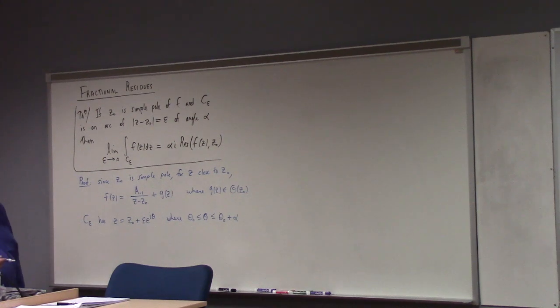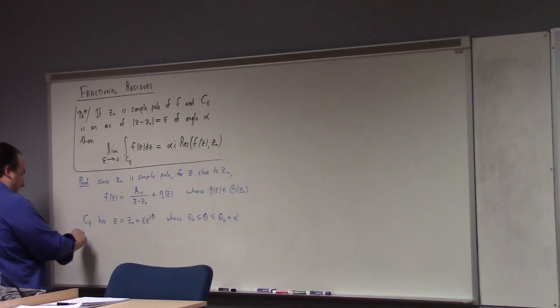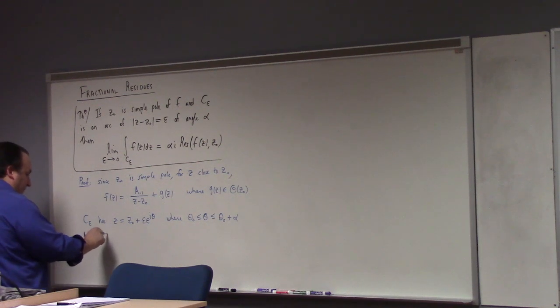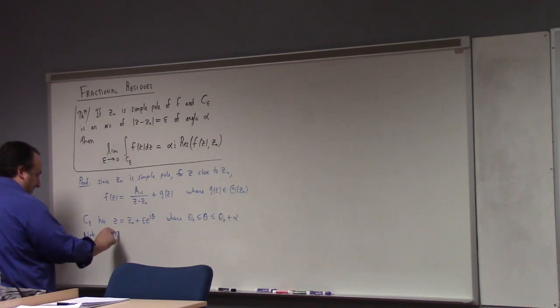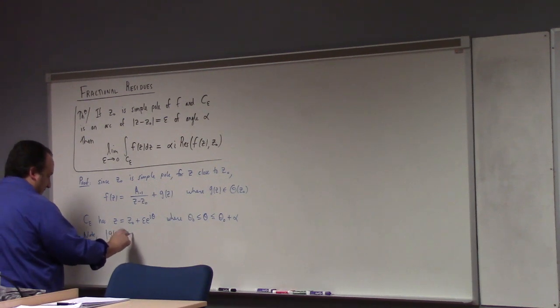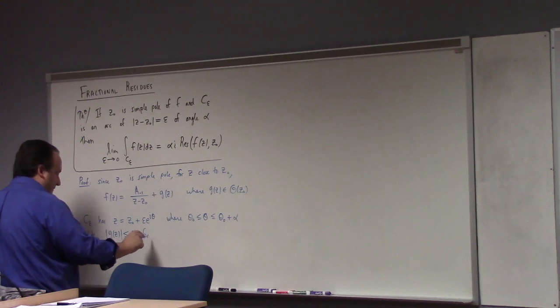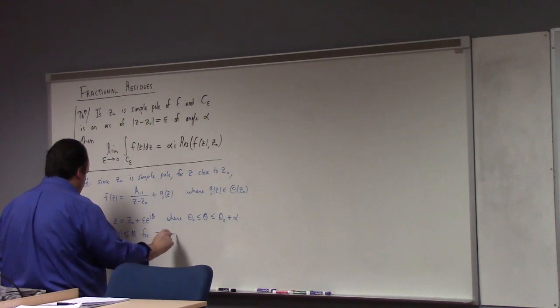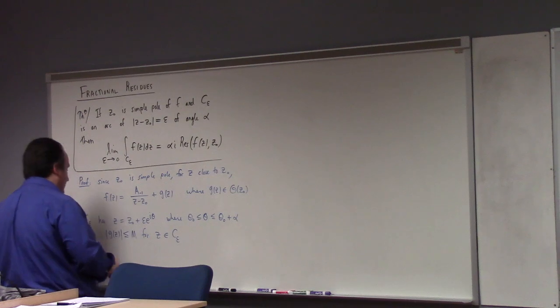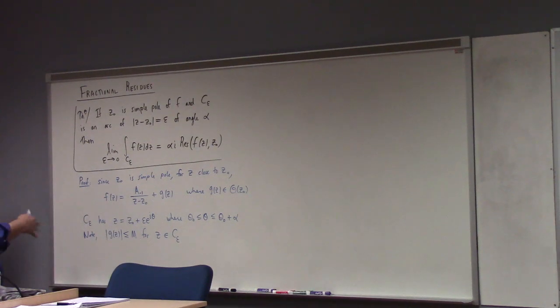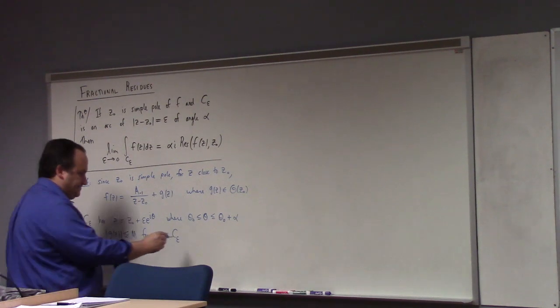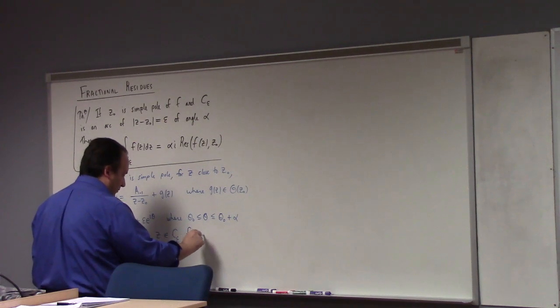Notice that since g is holomorphic, the modulus of g(z) is less than or equal to M for z in C epsilon, for some M. Why?